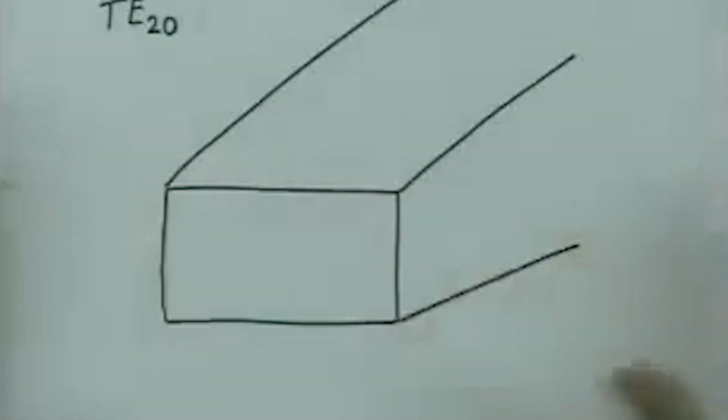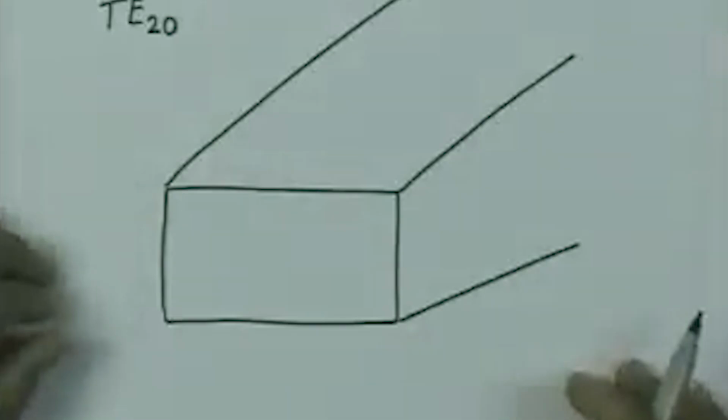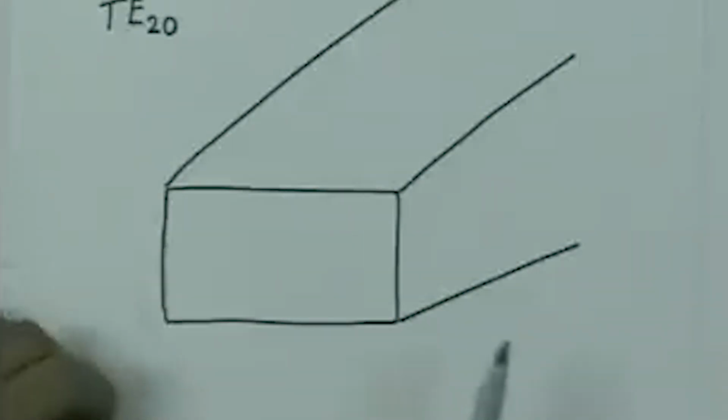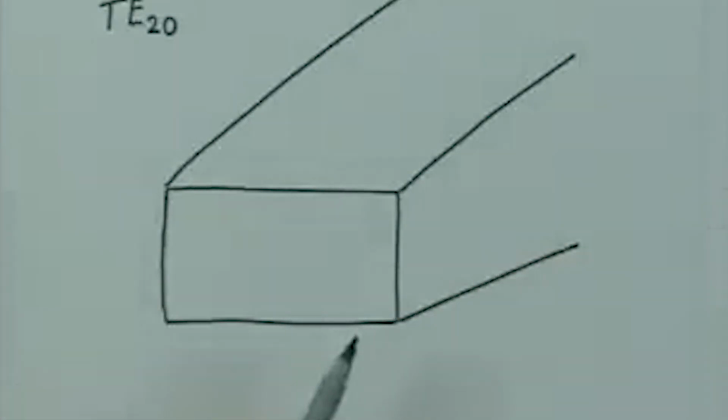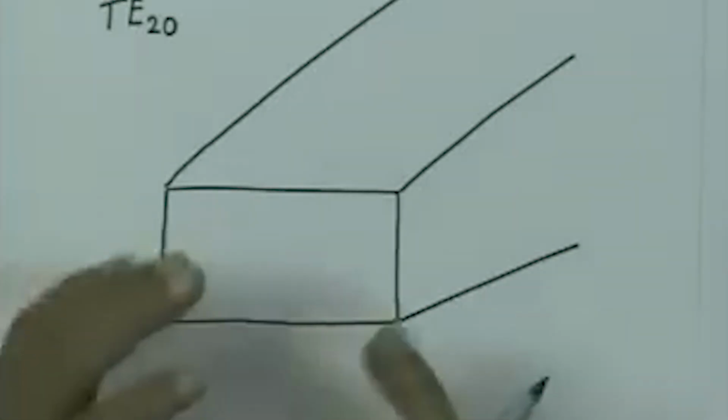Of course, we can always write down the field expressions for the electric and magnetic fields, and do the same thing we did for TE10 to visualize these fields. However, once I have understood the form of the electric and magnetic fields, I can stretch our imagination a little bit to visualize the fields for this mode. Firstly, TE20 tells you that there are 2 half-cycle variations in the x direction and no variation in the y direction.